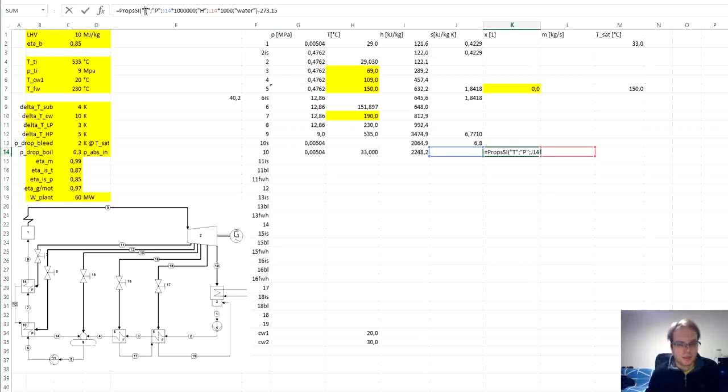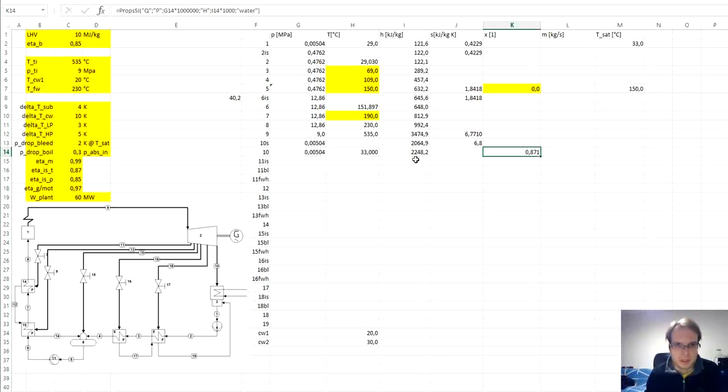We will want quality as a function of pressure and enthalpy. So we have the steam quality at the turbine outlet, and now we can move on to the feedwater heaters.